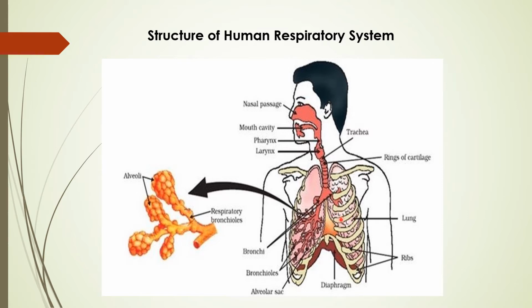Inside there are intercostal muscles, which attach to the ribs and help in breathing. Whenever there is exhalation and inhalation, there is an increase and decrease of the surface area, and due to that a pressure gradient develops, and oxygen and carbon dioxide go out and come inside.